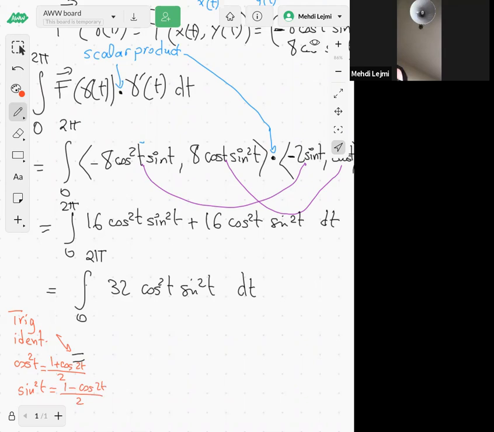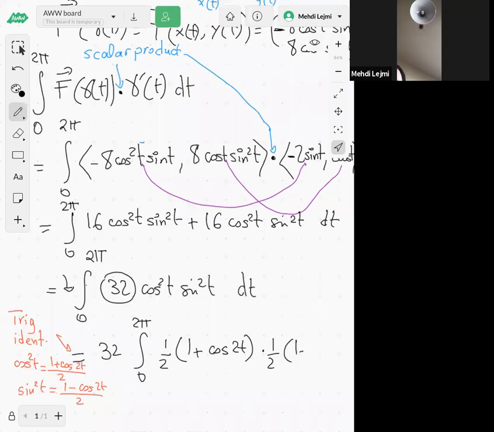Okay, so then we have this 32. I'm just going to put this 32 outside. So it's 32, 0 to pi, and we're going to have half of 1 plus cosine of 2t times another half times 1 minus cosine of 2t, dt.